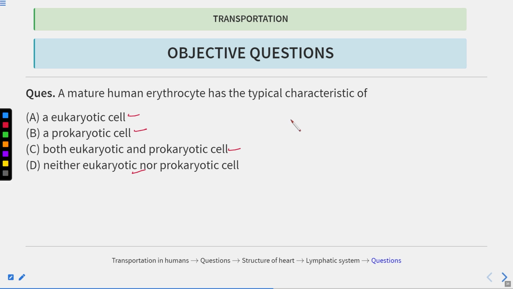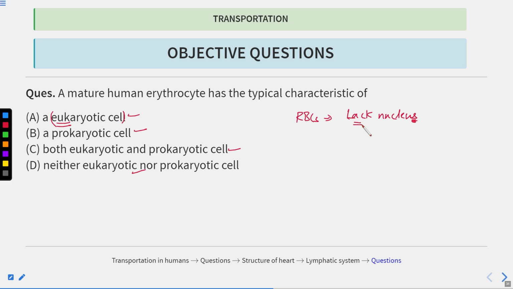So you know RBCs are present in humans and humans are eukaryotes. But if we talk about the RBCs, they lack the nucleus. Whenever they mature, they lose the nucleus. Initially, the nucleus is present, and in mature RBCs, the nucleus is absent.